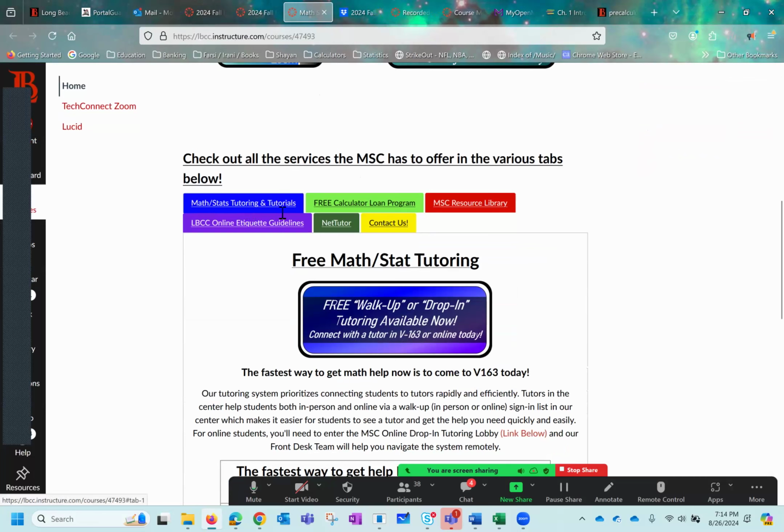They have math stat tutoring. They have free calculators. As far as free calculators, I believe it is first come, first served. So make sure if you need one, contact them immediately. Resource library, online etiquette, NetTutor, and contact us.